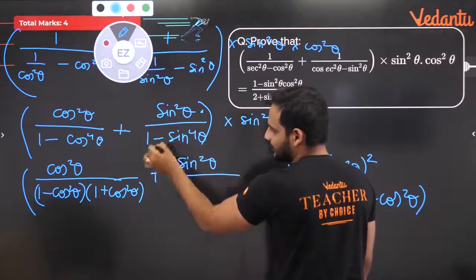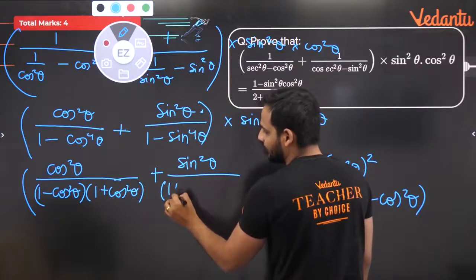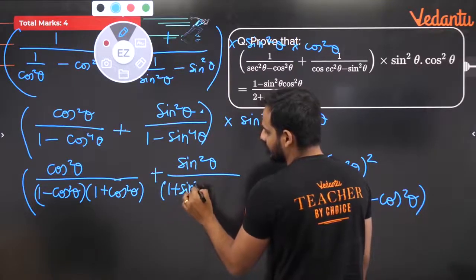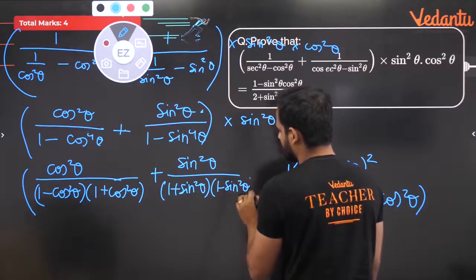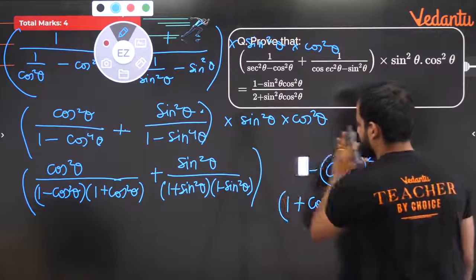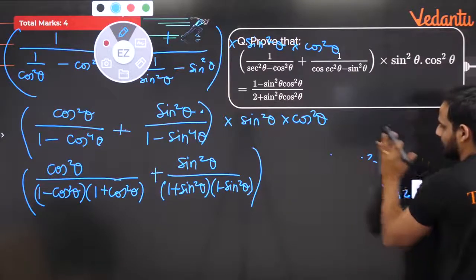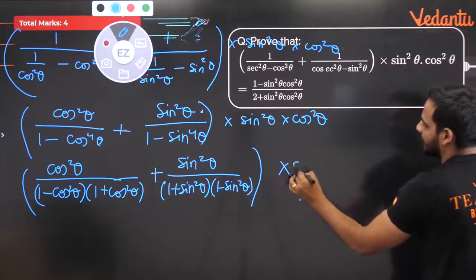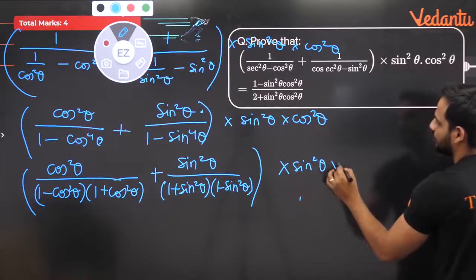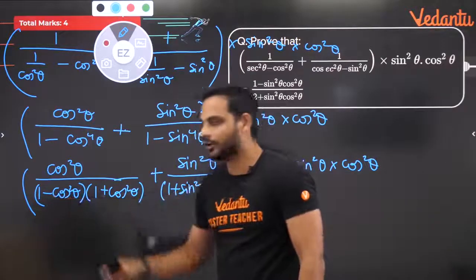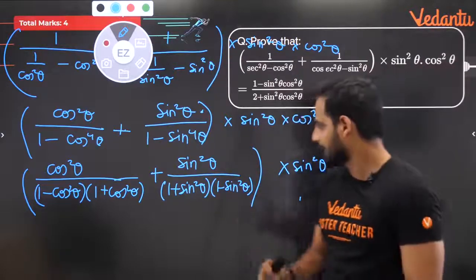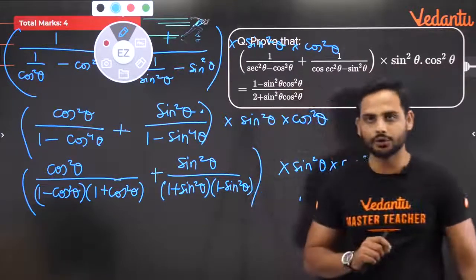Again the same way I will do the conversion for this also, so it will become 1 plus sin square theta into 1 minus sin square theta. Okay, whole multiplied by sin square theta into cos square theta. Now look at this part, 1 minus cos square theta is equal to sin square theta, and 1 minus sin square theta is equal to cos square theta.